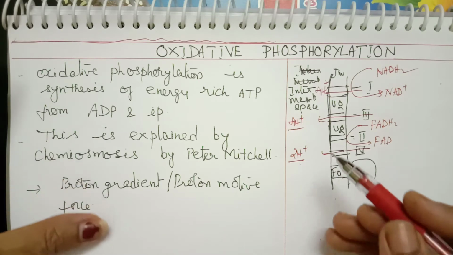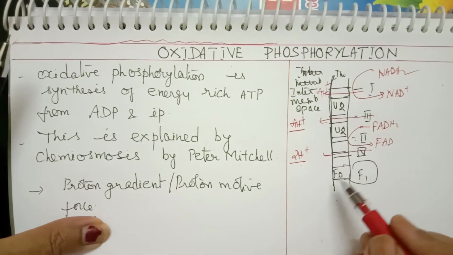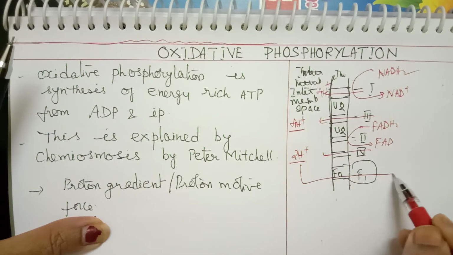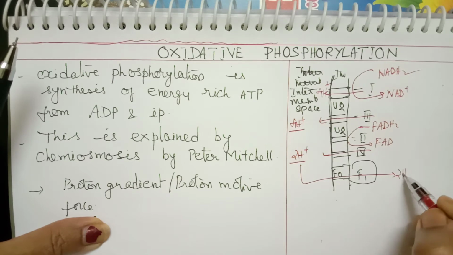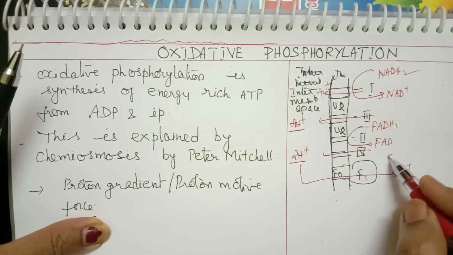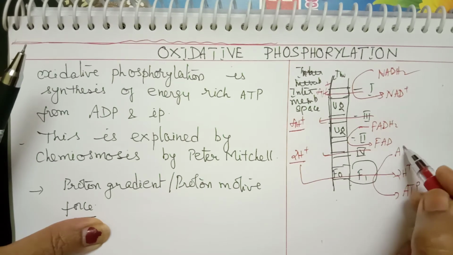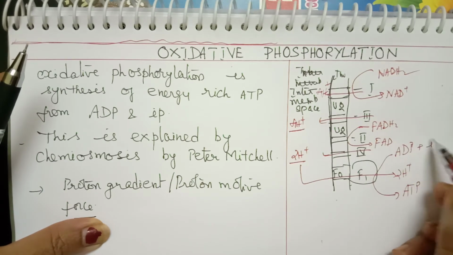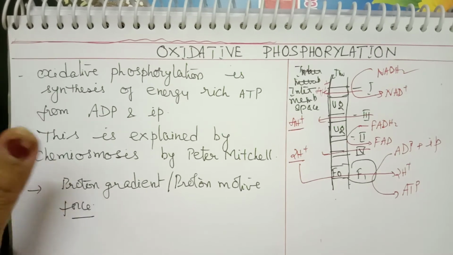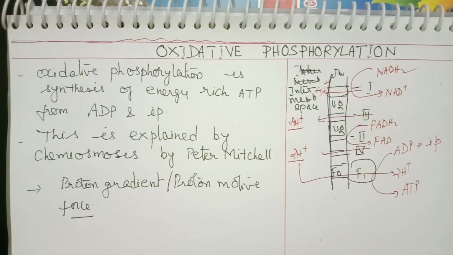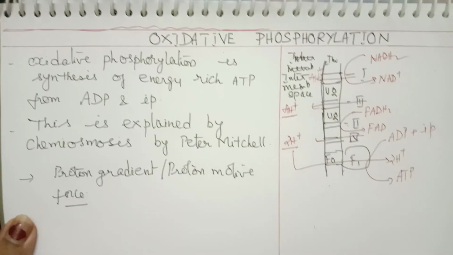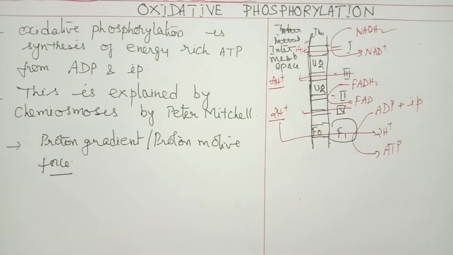These protons must pass through F0, F1. For every 2 protons, one ATP molecule is synthesized from ADP and inorganic phosphate. This is the chemiosmotic mechanism, and it takes place through F0, F1.